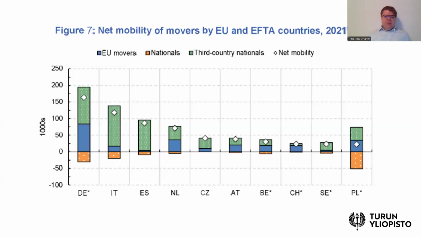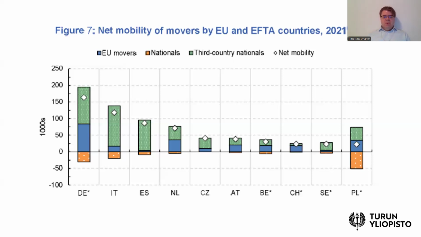And then if you look at these larger economies, Poland has a relatively high negative net migration of Polish workers, but still the labor supply in Poland has also increased due to positive migration of EU movers and third country nationals.